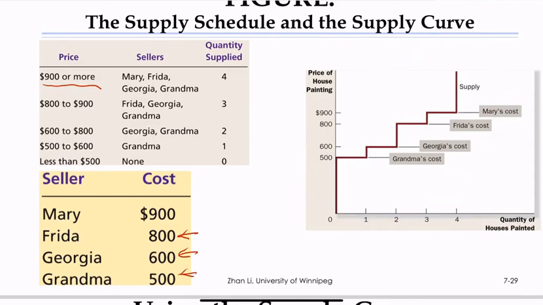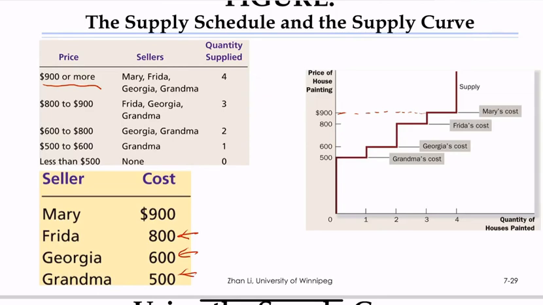Well, first, let's start talking about the marginal seller, right? So let's look at the price of 900. Who is the marginal seller? Well, Mary is the marginal seller. How do you define a marginal seller? A marginal seller is the seller who would leave the market if price decreases by a little bit.